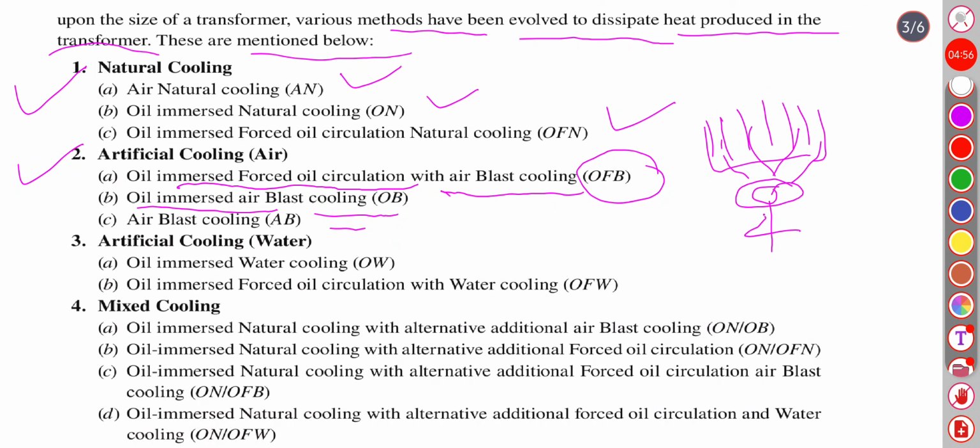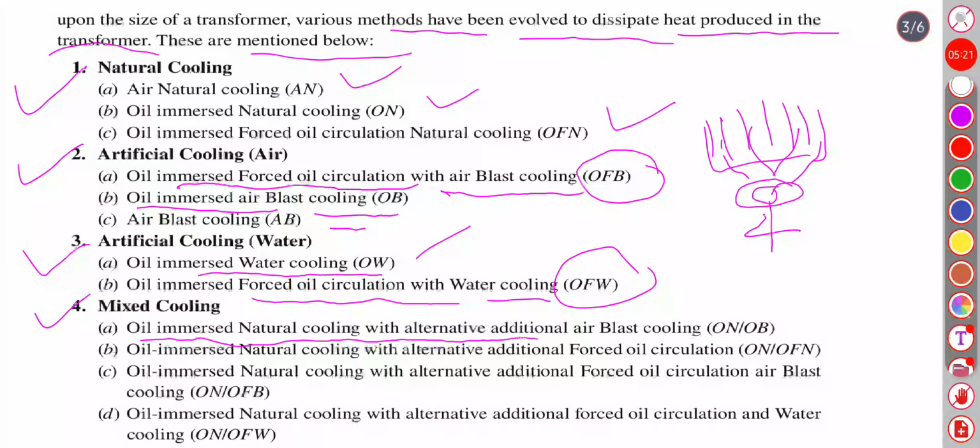Artificial cooling of water type: oil immersed water cooling, that is called OW, and oil immersed forced oil circulation with water cooling is called OFB. Fourth is the mixed cooling, in which oil immersed natural cooling with alternative additional air blast cooling.